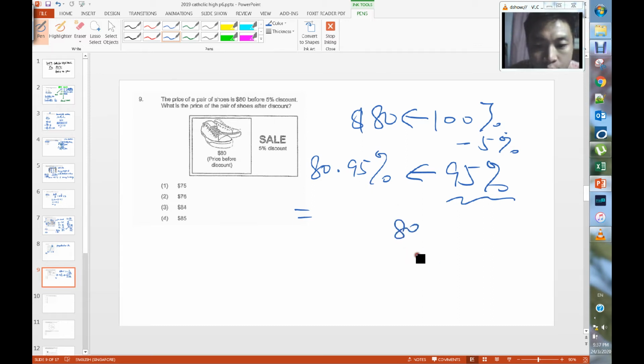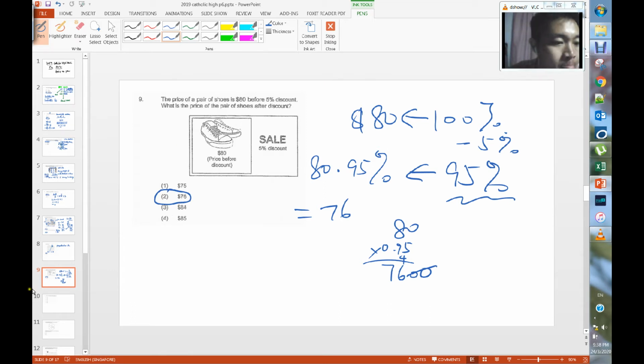You can do it this way, 80 times 0.95. You get 76, and you have 2 decimal places here, that's why you cancel the 2 zeros. So the answer is 76, and therefore you should choose option 2. The price of the pair of shoes after discount should be $76.